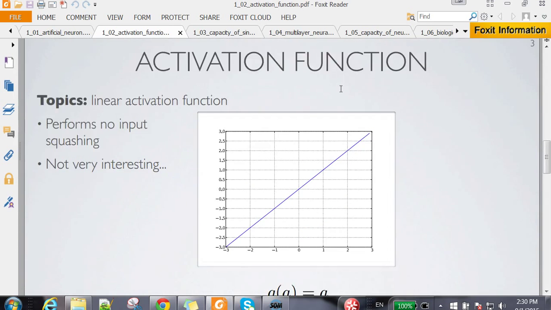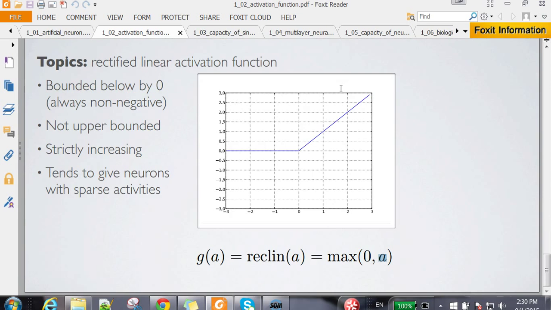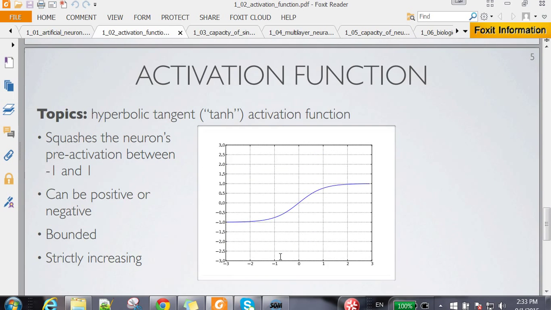That means sparse activity. A lot of neurons are not active, or one neuron is not active often. It means sparse activity. So these are the 4 different popular choices for the activation function.